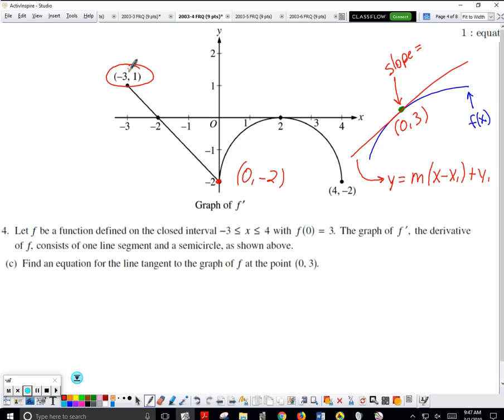So the -3 means if you came over here to the graph of F, and you went to point x equal -3, I don't know that y coordinate, but I would know that the slope right there is 1. Because the values of F prime tell me the slopes of F. Did that answer your question? Yeah. 2 pebbles.